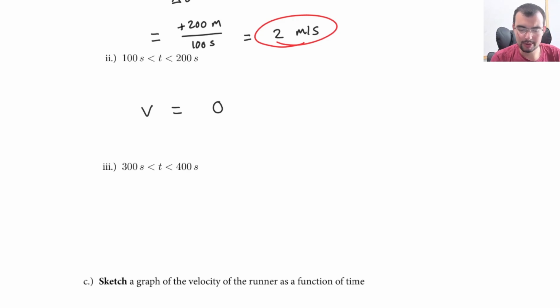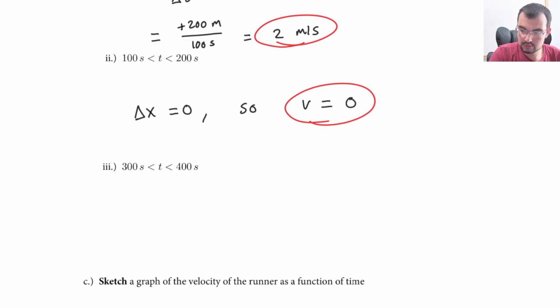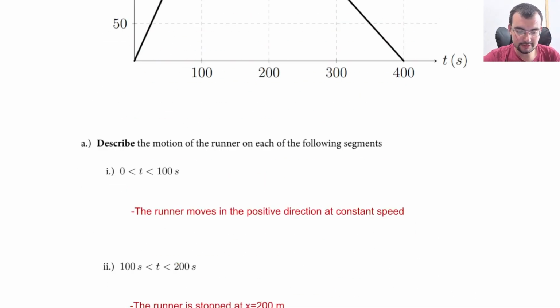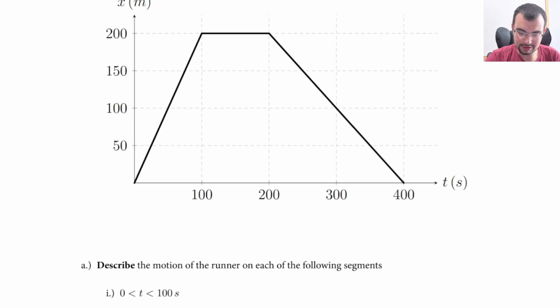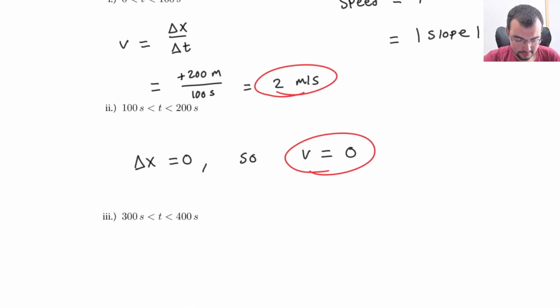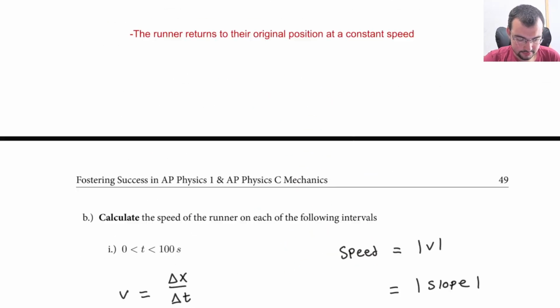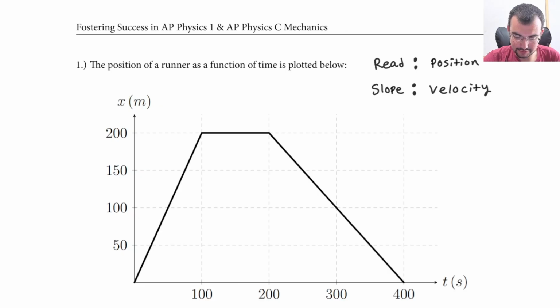I will write delta x equals 0. So v equals 0. And now 300 to 400. So 300 to 400. It's the speed on this interval.